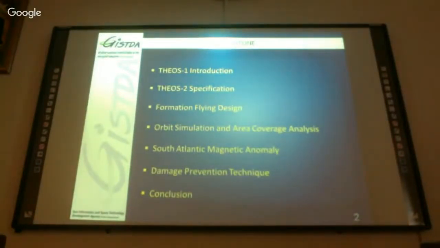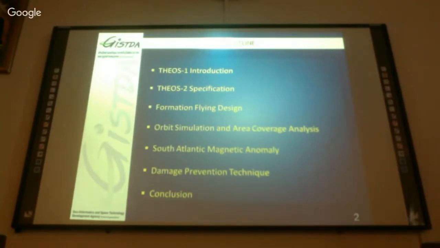Before I go to the TR2, I want to introduce the TR1 and talk about the design of the formation flying. Then I will go to the circle for the area coverage, that is the mission requirement of the satellite. And talk about the SAMA, the South Atlantic Magnetic Anomaly, and the damage prevention techniques that need your comment.